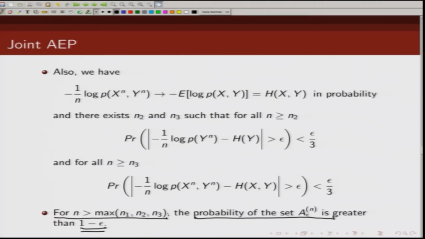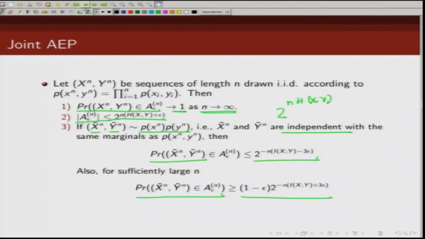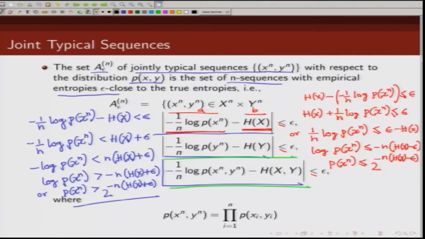As we know from the property of the jointly typical set, these three conditions have to be satisfied if (x^n, y^n) belongs to the jointly typical set.